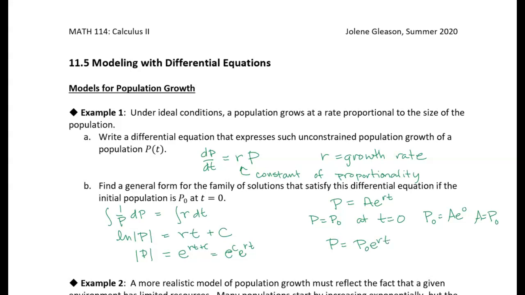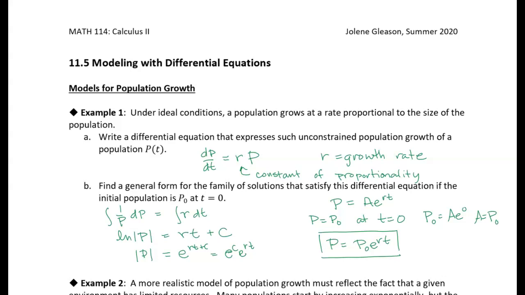Right? Now, this is just exponential growth. This is an exponential growth equation. You might also recognize this as being the formula for continuously compounded interest, right? This Pert formula, that's the formula you learn when you learn continuous compounding of interest.